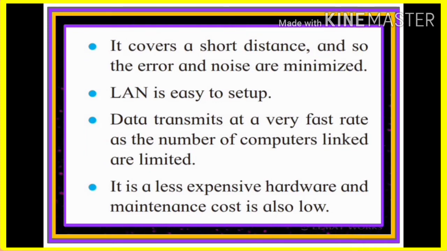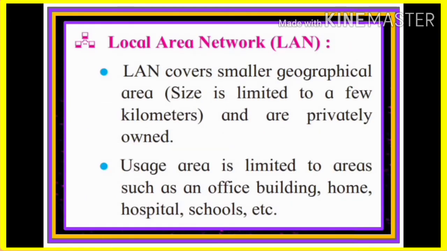It is less expensive hardware and maintenance cost is also low. To maintain the local area network, the maintenance cost is low as compared to the MAN and WAN. So, local area network covers smaller geographical area and are privately owned. These types of networks are generally private networks.